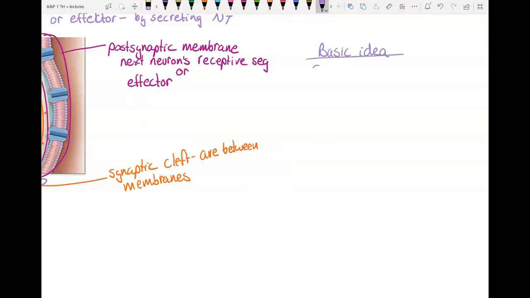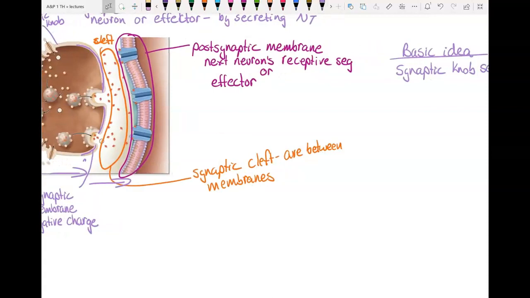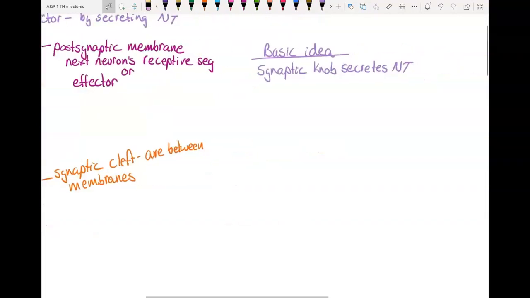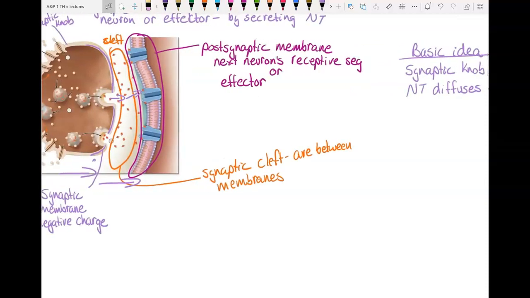The basic idea is that the synaptic knob secretes neurotransmitter. So that is the red dots here. These little red triangles are the neurotransmitter. The neurotransmitter diffuses across the cleft and then it binds to receptors. So these blue things here are ligand gates.